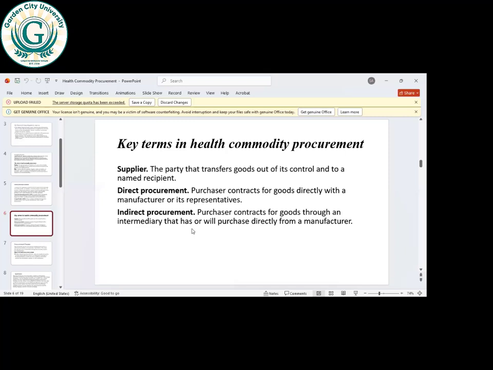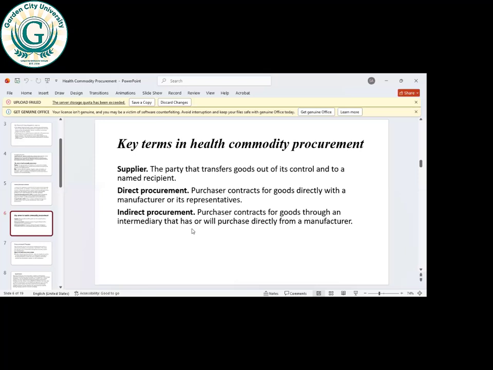Then we have direct procurement. In procurement, we can have direct procurement. If you are doing direct procurement, it means that you are purchasing directly from the manufacturer or the manufacturer's representative. The indirect is where you buy the items through an intermediary. So when it comes to direct, you buy directly from the manufacturer or its representative.